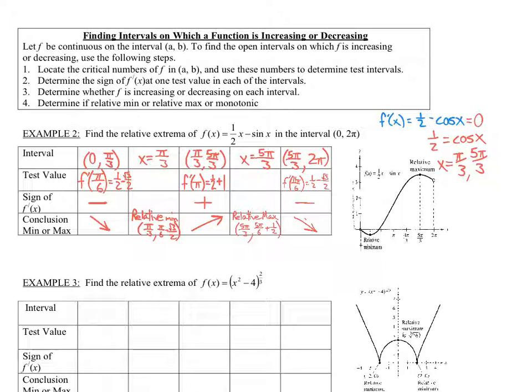And you can see here that matches what you can see on the graph that was given. We have a relative min at pi over 3. The relative maximum is at 5 pi over 3. Notice here we are decreasing, then increasing, and now decreasing again. So this is just a confirmation of what we found algebraically.